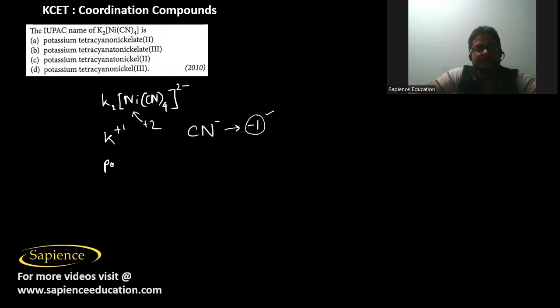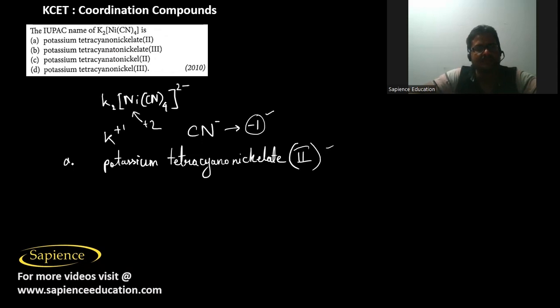So we can say the name will be potassium tetracyanonickelate. And since nickel is in plus 2 oxidation state, its valency is 2. So option A is the correct answer.